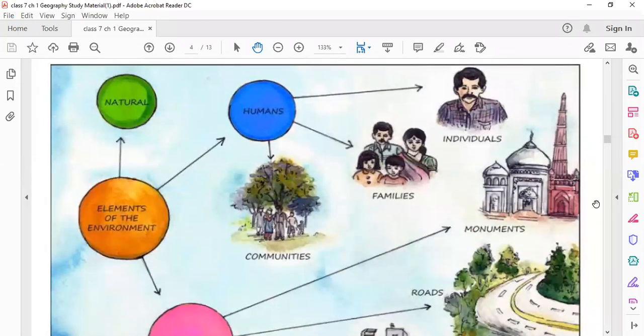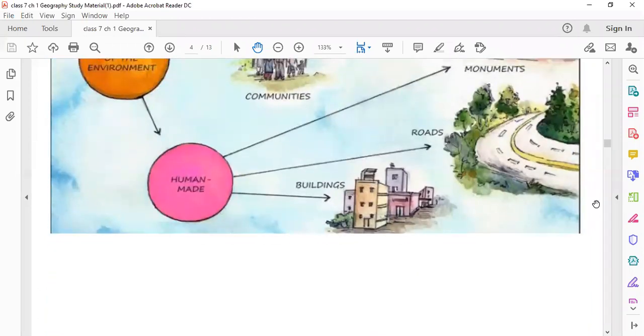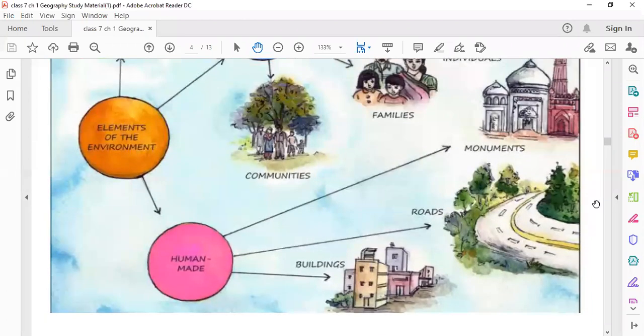Now let us look at the other elements of the environment. In humans, we have individuals. The individuals make families, and the families further make communities. Other one is human made. All the buildings, monuments, roads, bridges, parks come under the category of human made environment.